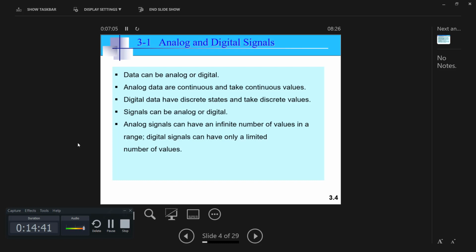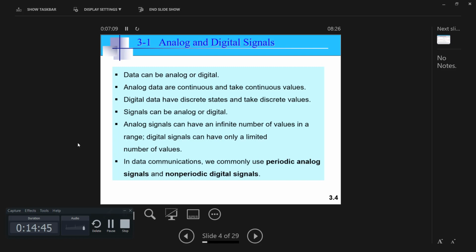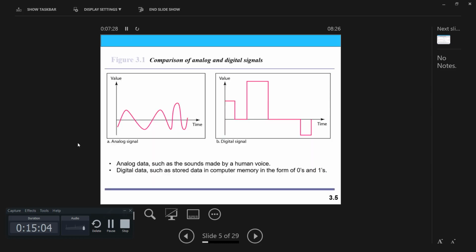The same again, an analog signal has an infinite number of values and continuous space. And when we talk about an analog signal or digital signal, it can be periodic or non-periodic. And in communication we usually deal with periodic analog signals or non-periodic digital signals.